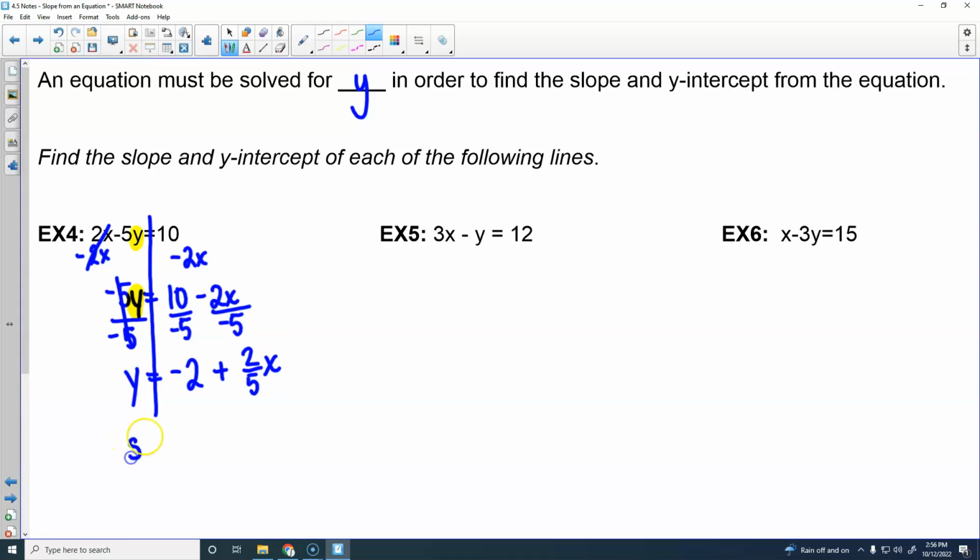So, Lakeland, what's the slope of that line going to be for me? No. Slope is always multiplied by your x. So what do we have multiplied by our x here? 2/5. Sometimes, a lot of times the slope is first, but it's not always first. It's whichever one's next to the x.